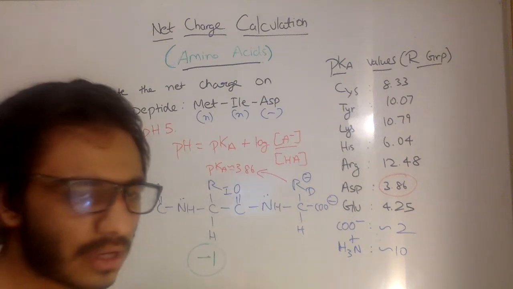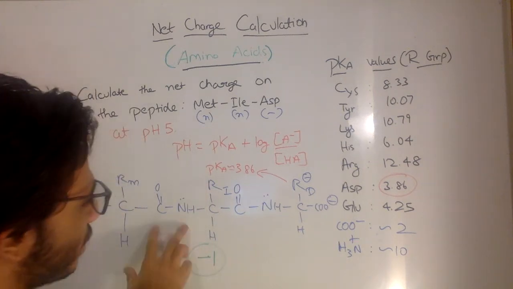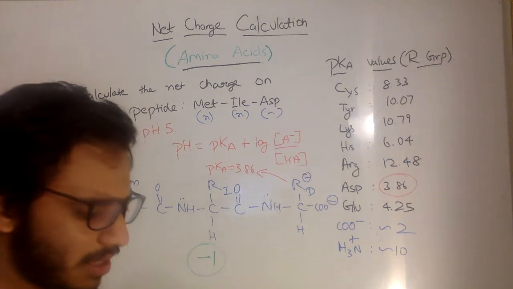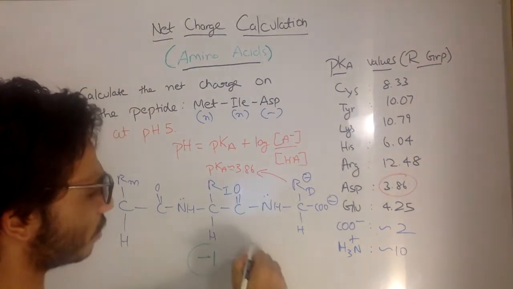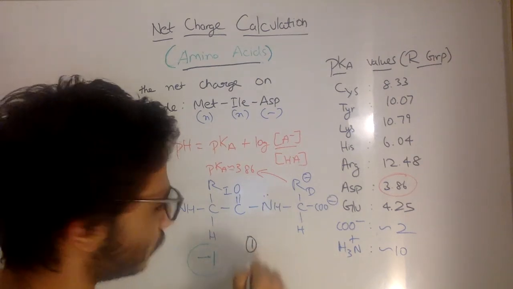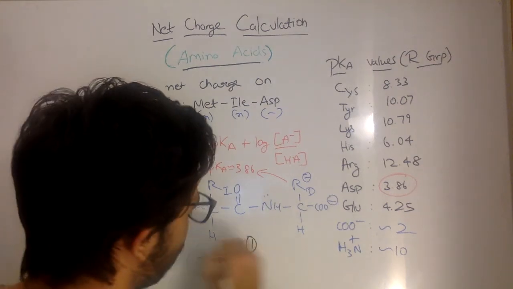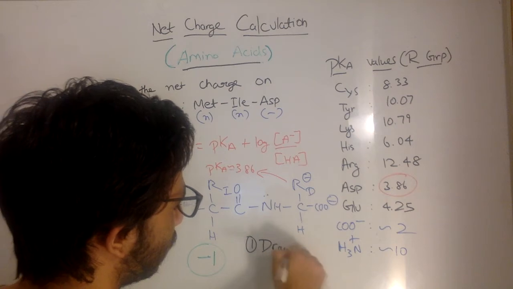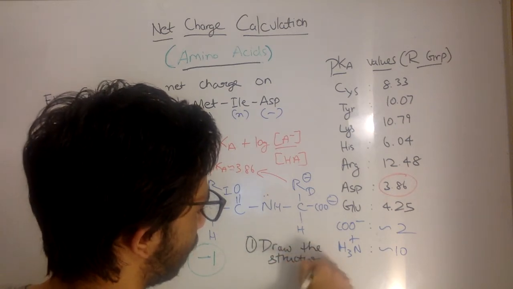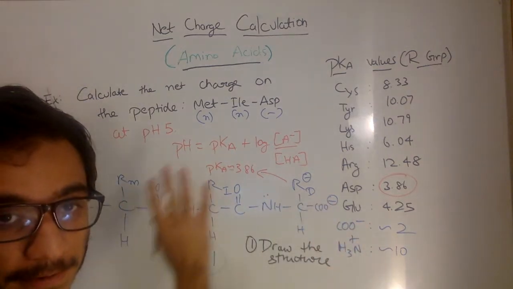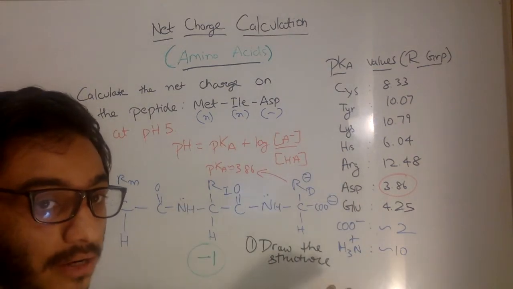So there are 3 tricks. You have to recognize the peptide bonds. I'll say in 3 steps, if you want to tackle a problem like this, first you will draw the peptide structure. This will give you the idea of where the R groups are located.